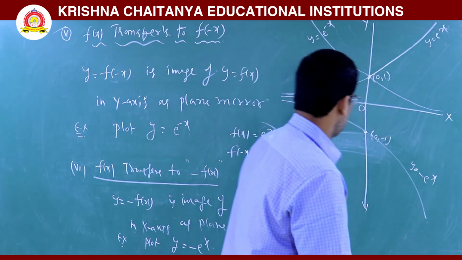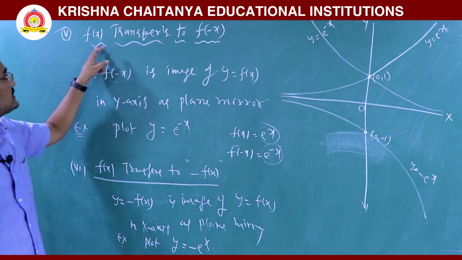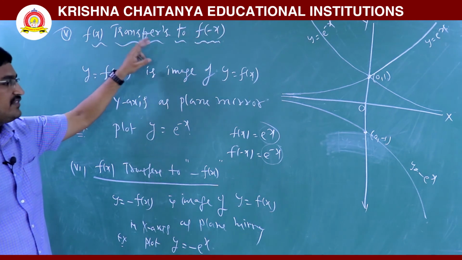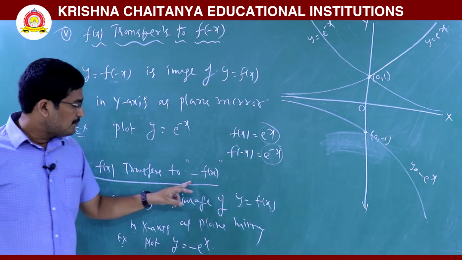I have understood. Okay. Next, it is a transformation of f of x transfers to f of minus x. It is a transformation, that is f of x transfers to minus f of x.